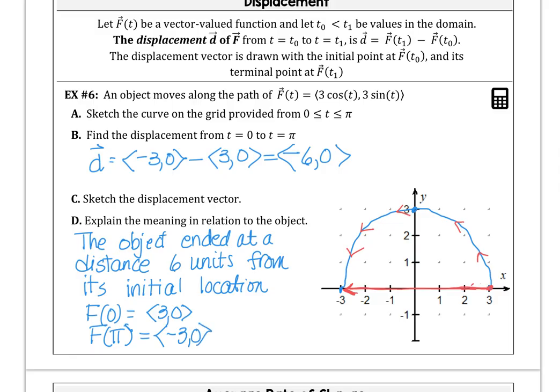And we knew that because the object started at the point 3, 0 and terminated at the point -3, 0 when our angle was pi.